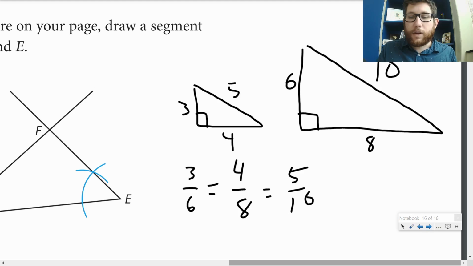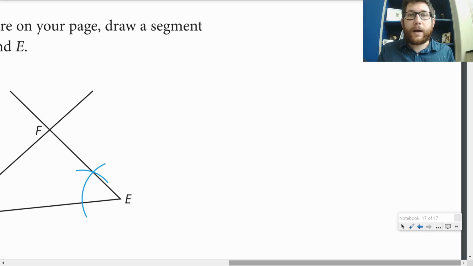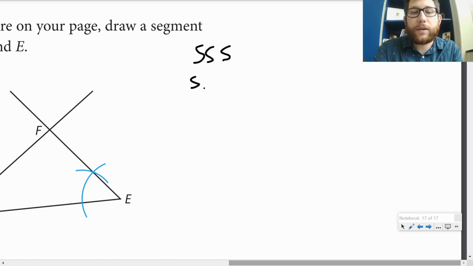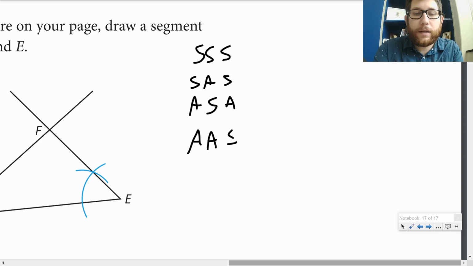Okay. So let's go ahead and think about our congruent triangles. How did we know if two triangles were congruent? Well, we either found side-side-side, side-angle-side, angle-side-angle, angle-angle-side, or HL, right? If I had one of those, then I knew that I'd have congruent triangles.